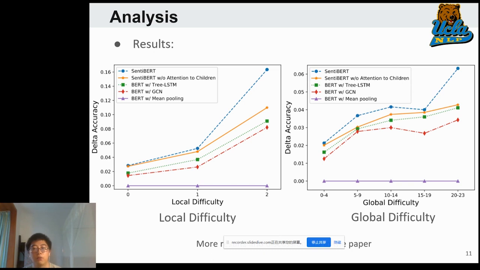It already outperforms all the other approaches, and with the full model, SentiBERT achieves significantly better results, especially when the difficulty is very high. In particular, in the most challenging situations, SentiBERT outperforms BERT by nearly 15%, justifying our architecture design. More results, like the performance when dealing with negation and contrastive relations, can be seen in the paper.